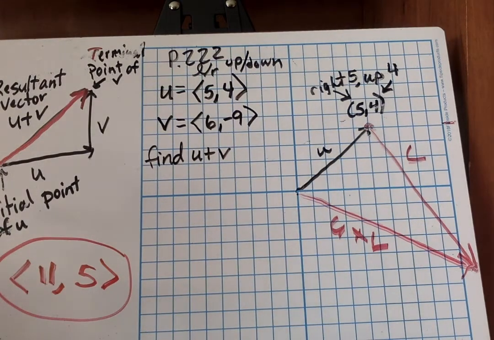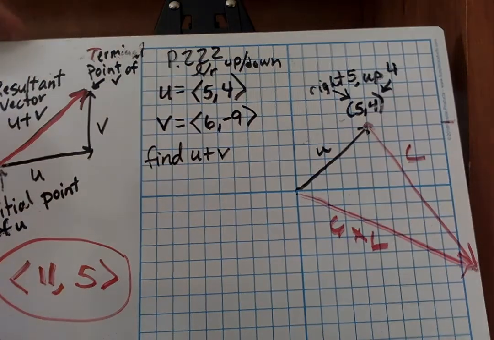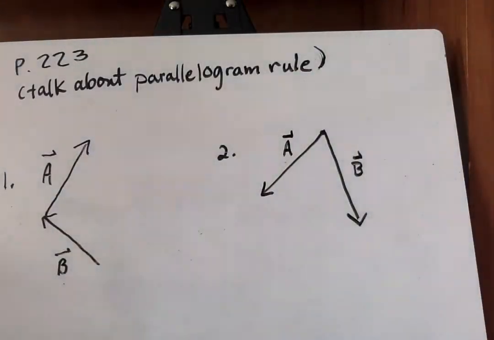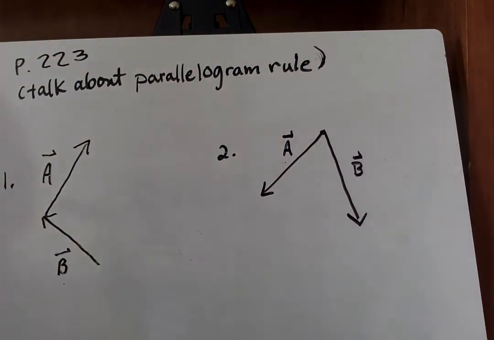Okay, next we're going to go on to page 223, and I'm going to talk a little bit about the parallelogram rule. I will go ahead and do number 1 first.